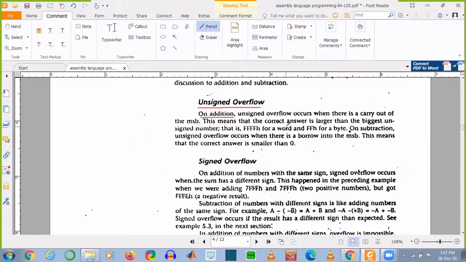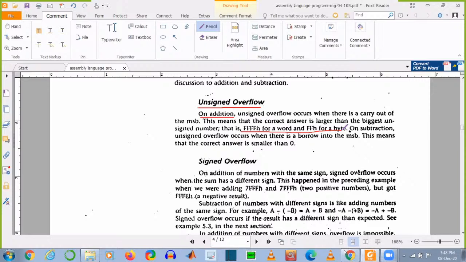This means that the correct answer is larger than the biggest unsigned number, that is FFFF for a word and FF for a byte. If you work with a byte, the largest unsigned number it can store is FF, and your result may be more than that.